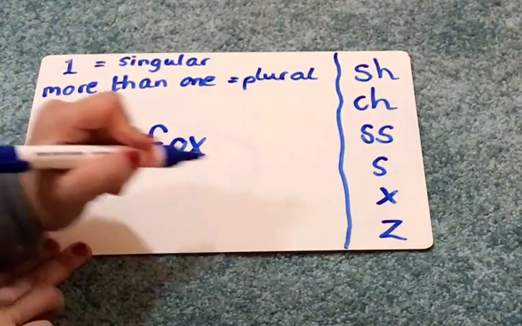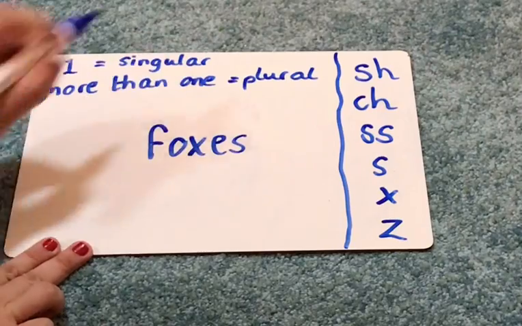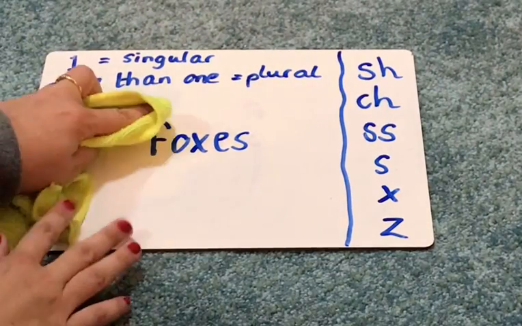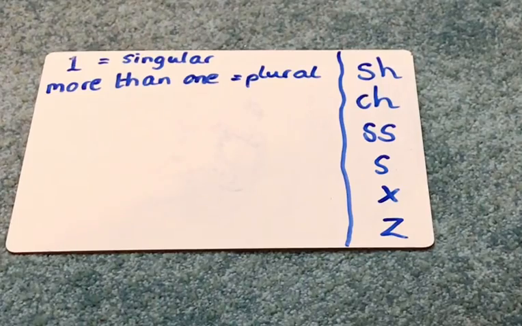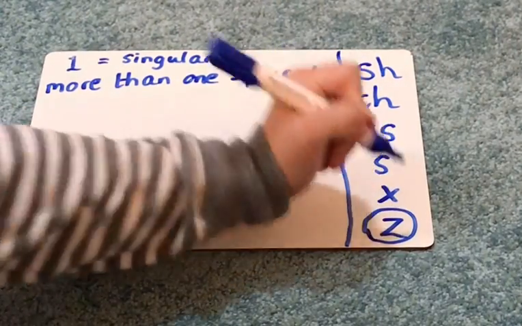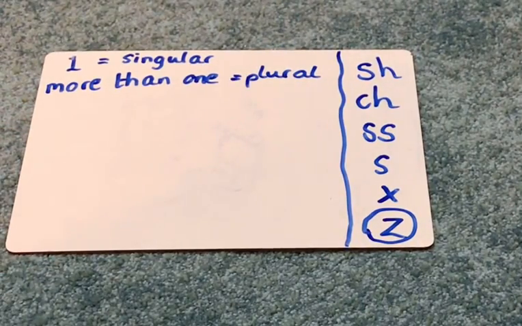And fox again, foxes. And for a Z, I'm not sure I can think of one for a Z. You might have to put it underneath the comments for me, under the lesson. Okay, that's your challenge. Think of a word that ends in Z, a noun, an object, and see if you can make it a plural for me.